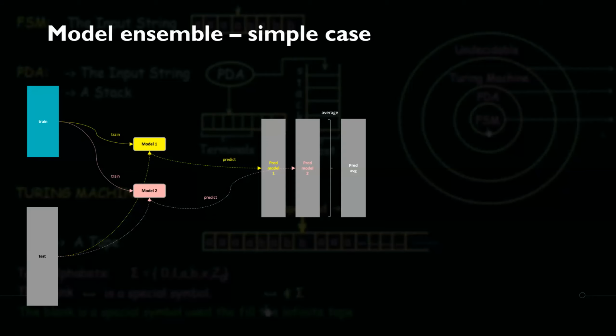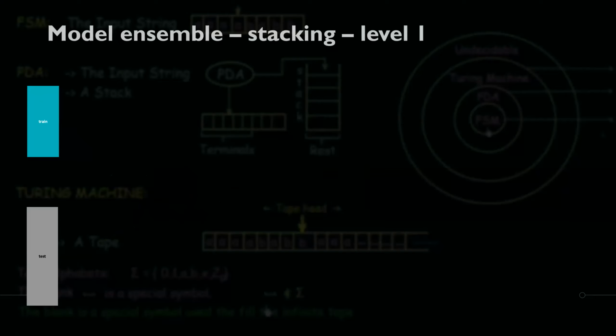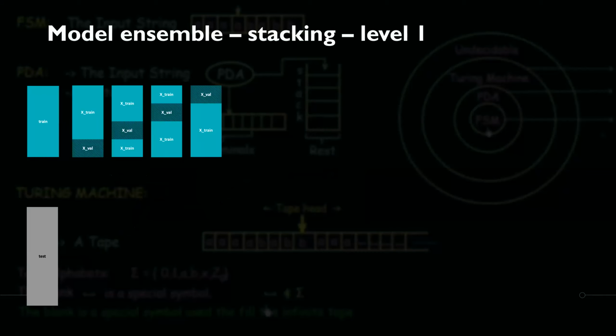But for stacking, it becomes much more complicated. I'll be talking about more details on the next slide. Here we have the training data and the test data. Given the two data sets, the very first thing we'd like to do is to make splits on the training data.